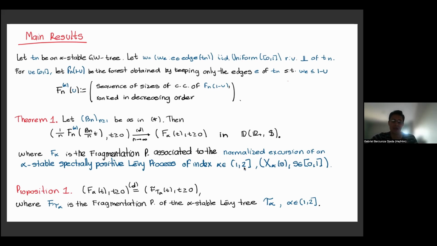In particular, when alpha is equal to 2, this stable excursion is the Brownian excursion. And the fragmentation process associated to the stable excursion is constructed exactly in the same way as in the Brownian case. The only difference in the definition is that you replace the Brownian excursion by the stable excursion, and it's exactly the same construction.